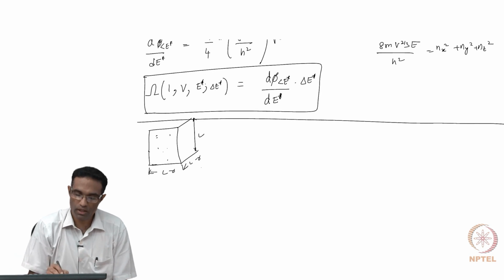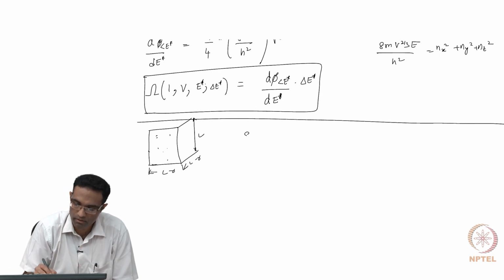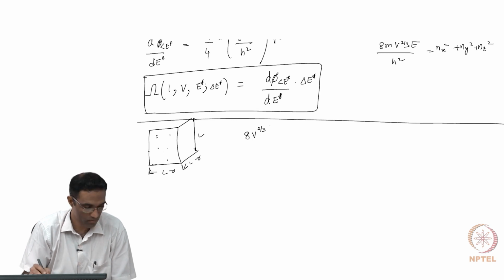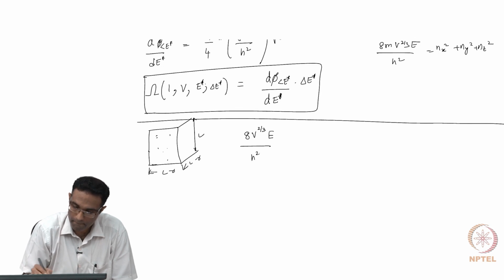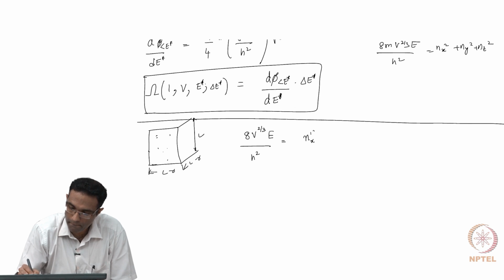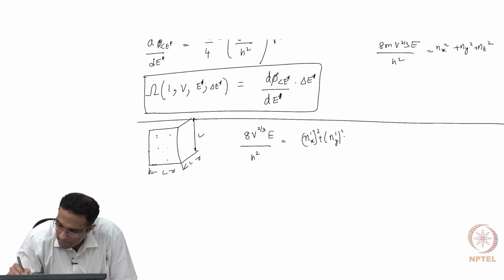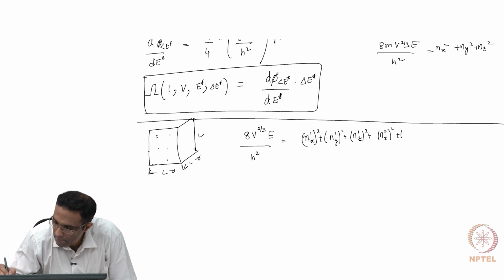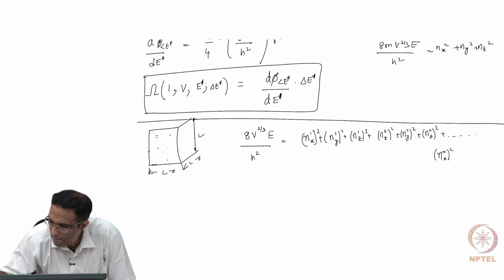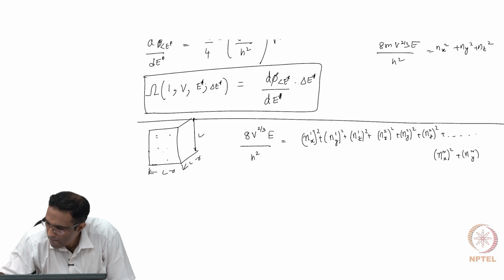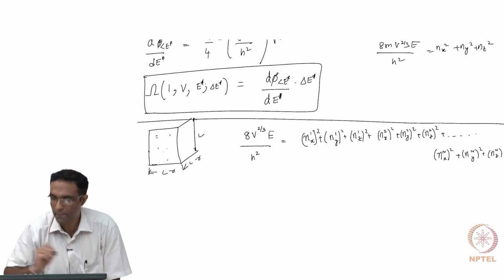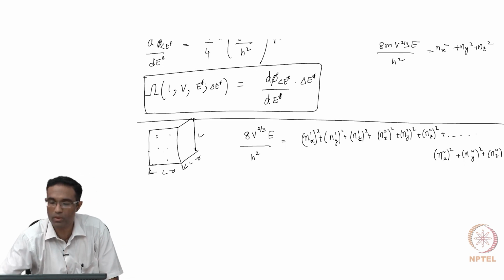Okay. For the many particle system, what happens is the following: you have 8... this is what you would have.